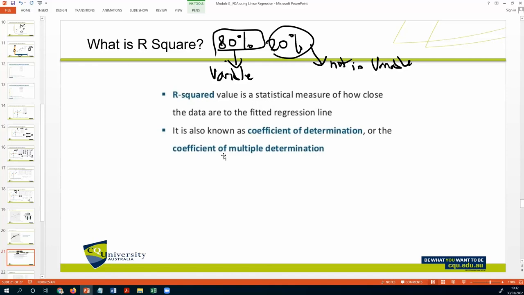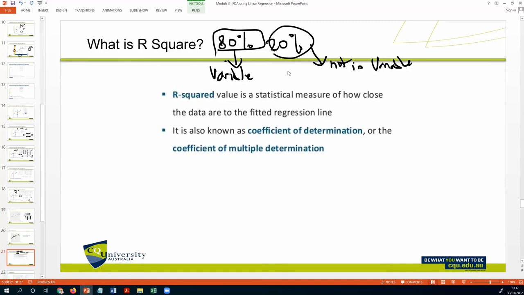So the non-accuracy, the representativeness of the data, will be determined by the R square. If it is only 30%, the variable is only representing 30% of the variable population.